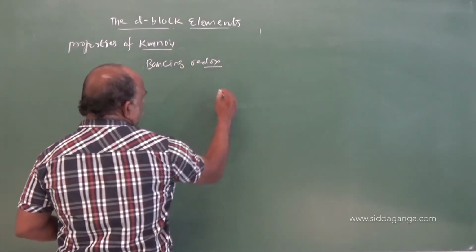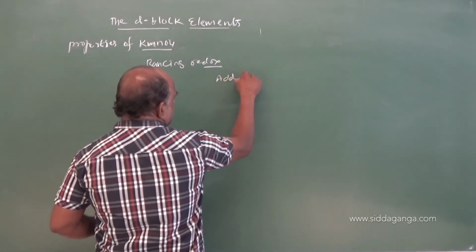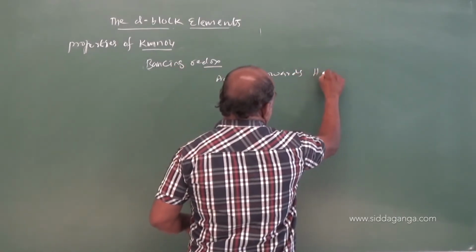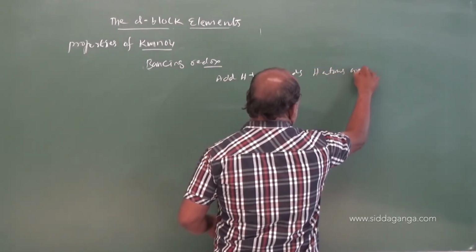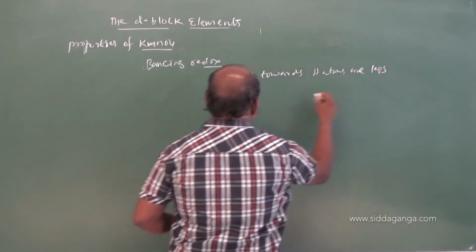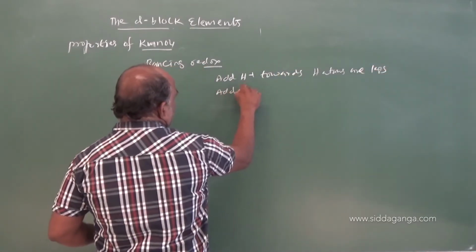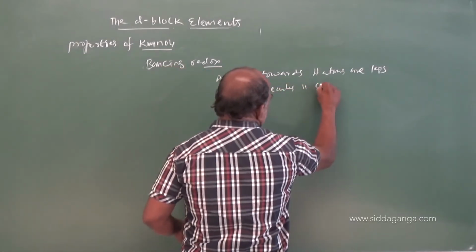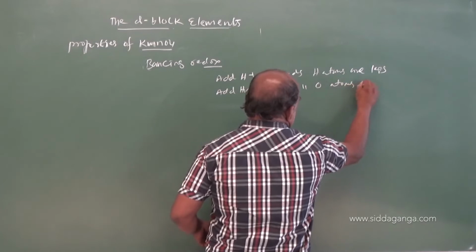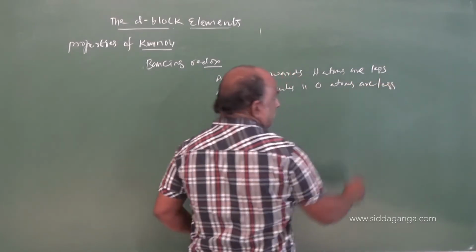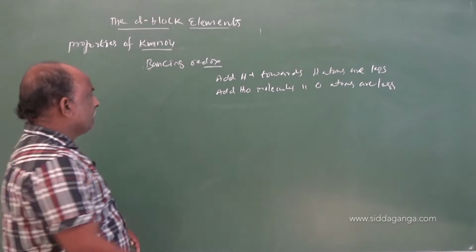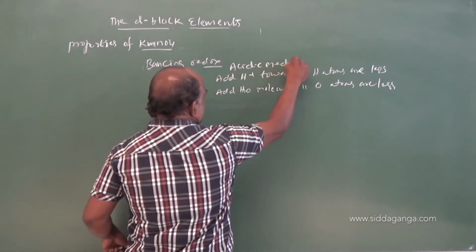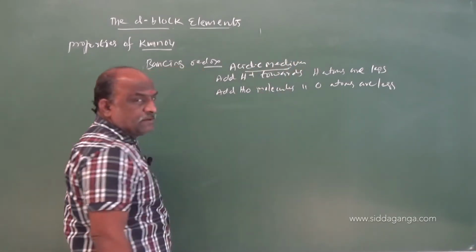We have to follow some rules. Add H+ towards the side where H atoms are fewer, and add water molecules towards the side where O atoms are fewer. This is in acidic medium.